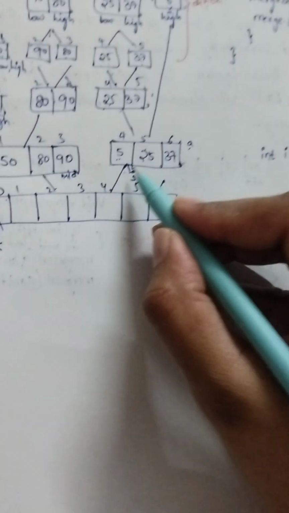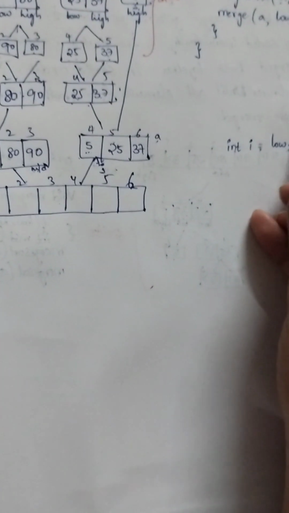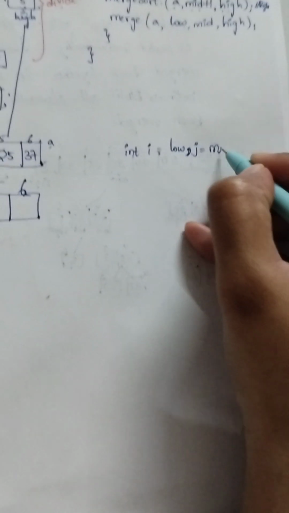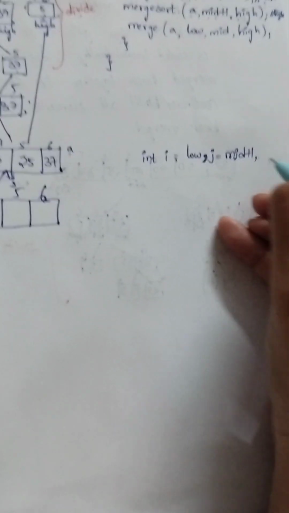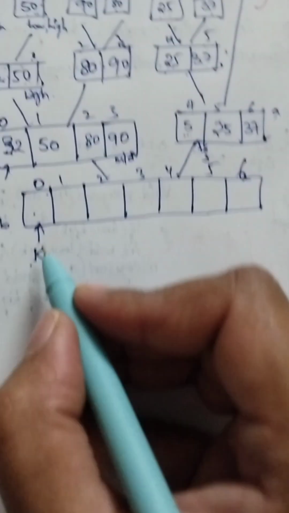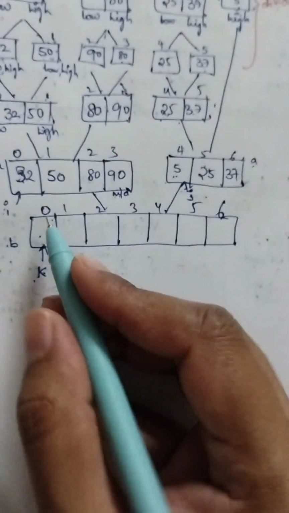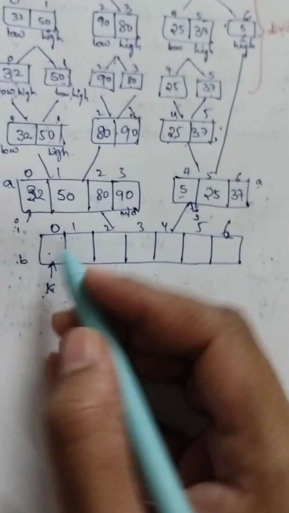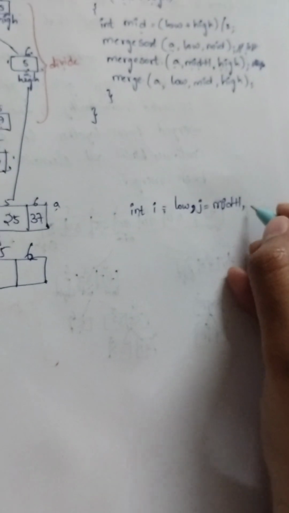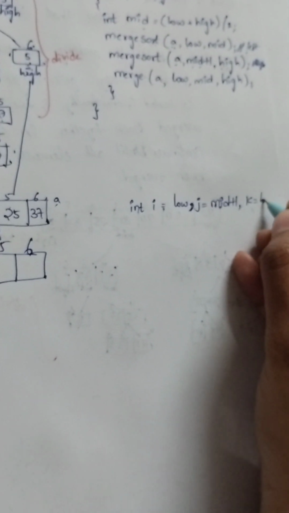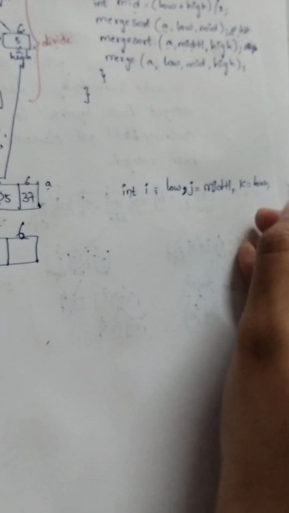So 3 plus 1 is nothing but J. So here J is equal to mid plus 1, right? And now K is pointing to the low index. So here K is equal to low. So these are the variable declarations and initialization is done, right?